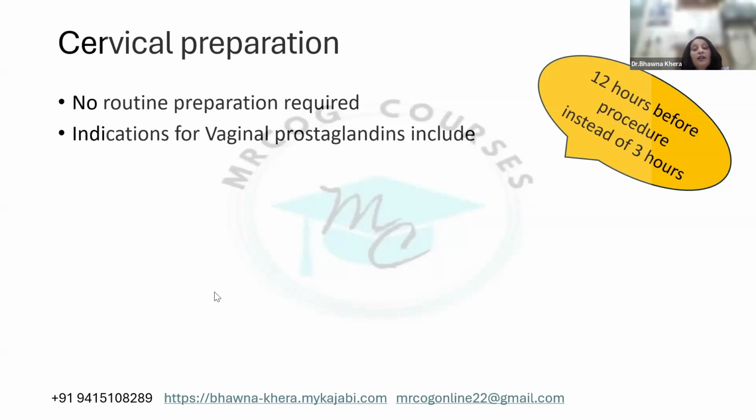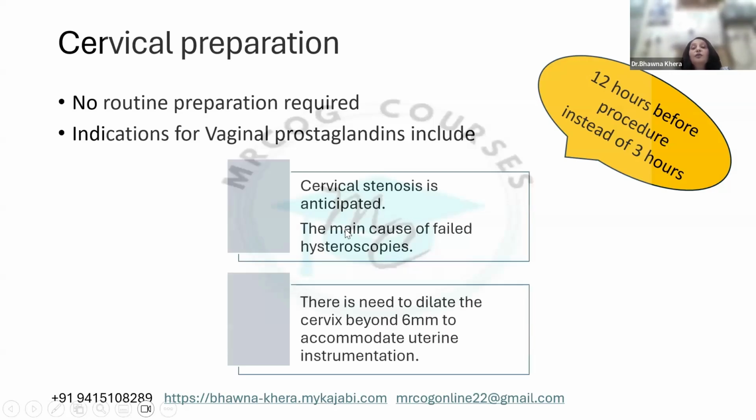So what are the indications when it needs to be considered? It needs to be considered when you are anticipating that the patient may have cervical stenosis. When will you anticipate that? The possible scenarios could be a previous cesarean, or simple nulliparous women may have a difficulty in passing through the os, atrophy, or other causes, any surgeries on the cervix.